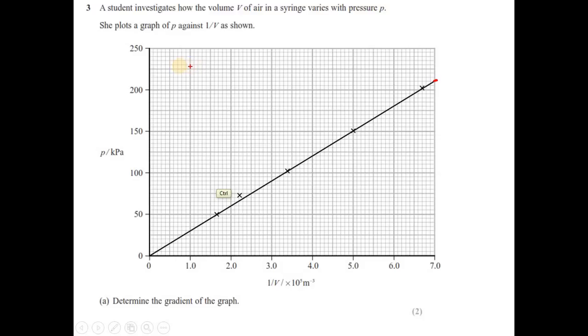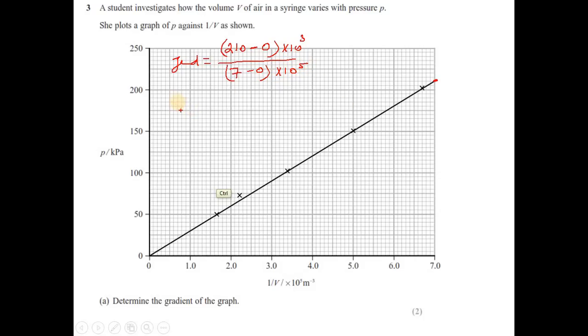Gradient is y2 minus y1, and the vertical axis value is 210, so 210 minus 0, but don't forget this is the vertical axis in kilo, so 10 to the power 3, over x2 minus x1, so 7 minus 0, and of course you have 10 to the power 5 here as well.